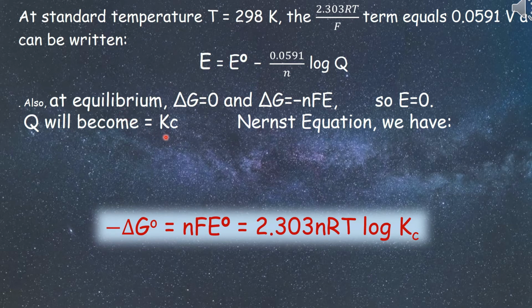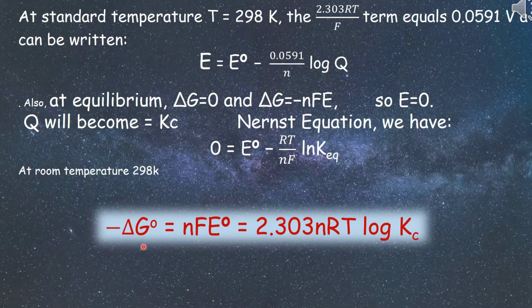Now if you substitute this into the Nernst equation, we get minus delta G0 is equal to nFE0, which is equal to 2.303 nRT log Kc.